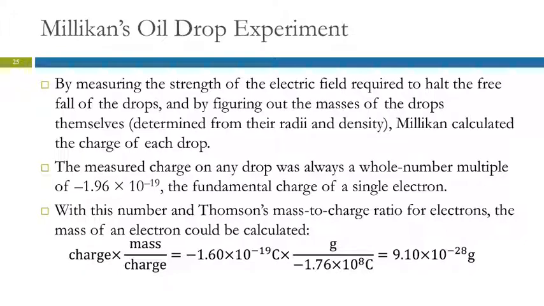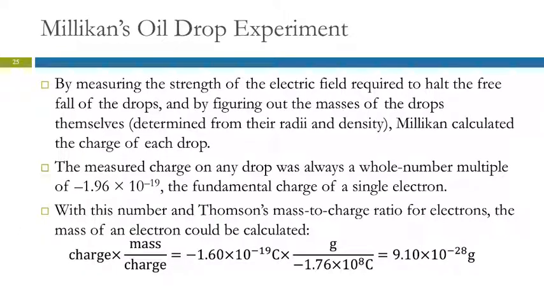But he found that any of those drops had a charge that was a whole number multiple of this same wacky number, 1.6 times 10 to the minus 19 coulombs. They were all multiples of that, and so that must be the smallest electrical charge, a single electron.